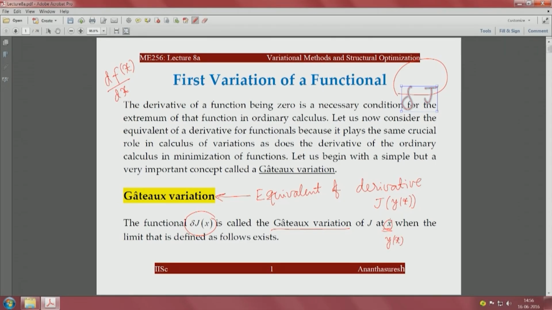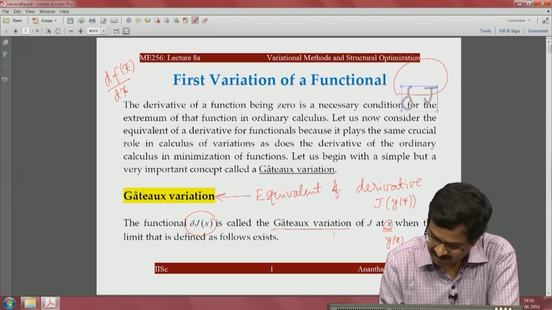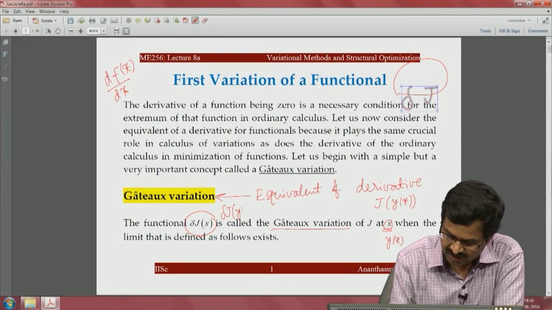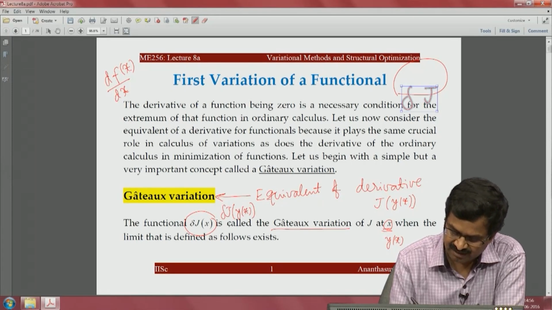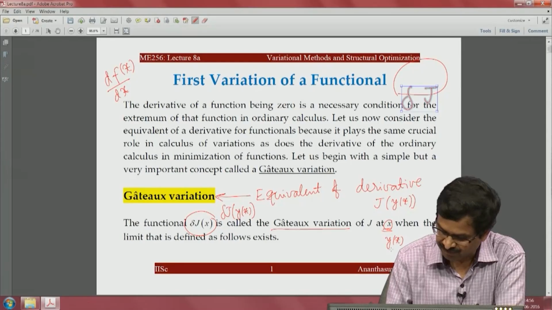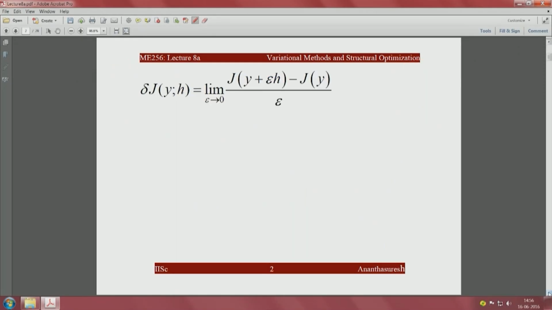In the notes, x is denoted as a function or a vector space that we talked about. Here, if I switch back to y of x, then delta j at y of x, the variation of j, where y is the variable with respect to that function, is defined in terms of a limit that we will see next.